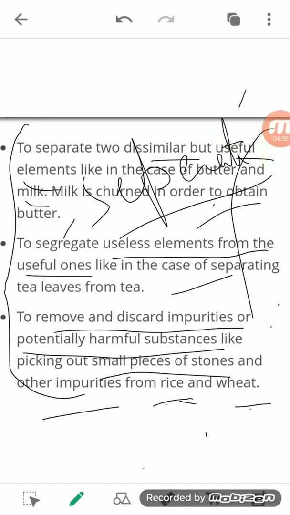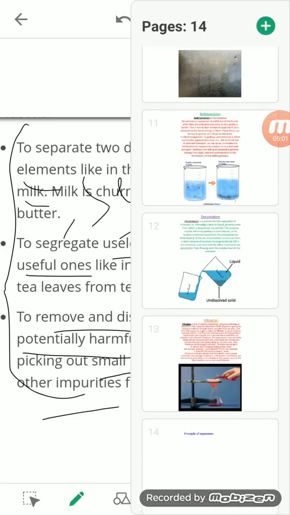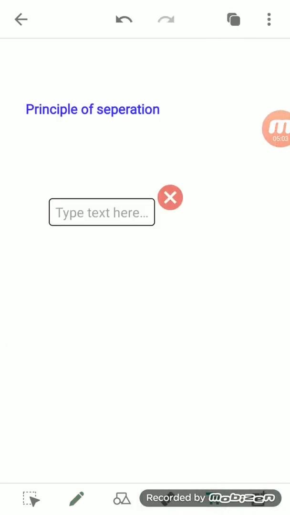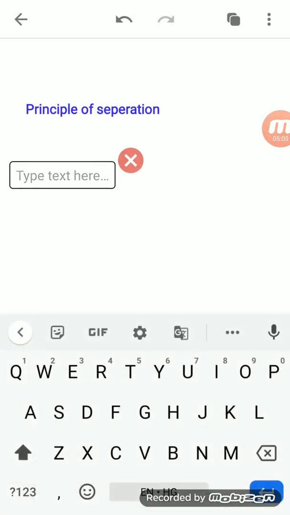Now we will talk about the principle of the separation. When we talk about the principle of separation, there are two principles on the basis of which we can separate things.